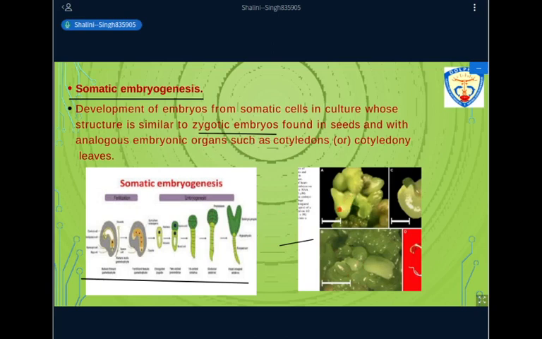So at different stages of development, their shape may be different as it happens in case of zygotic embryos. So somatic embryogenesis is development of embryos from somatic cells in culture, that means in tissue culture in lab conditions, and their structure is similar to zygotic embryos which are found in seeds.